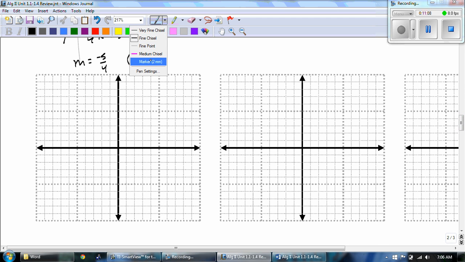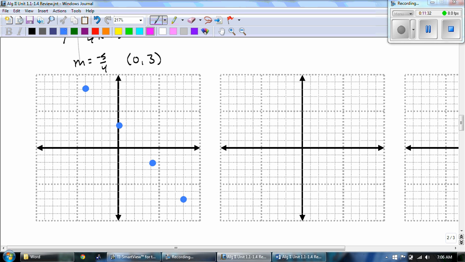Okay, so we're going to start at 0, 3. And I'm going to go down 5. 1, 2, 3, 4, 5 over 4. 1, 2, 3, 4. And then I'm going to go in both directions. 1, 2, 3, 4, 5 over 4.